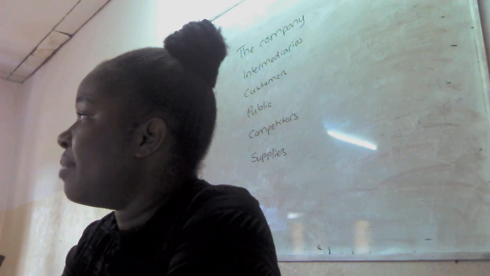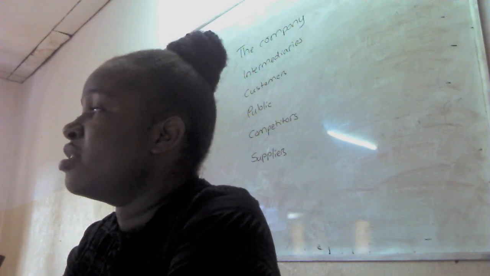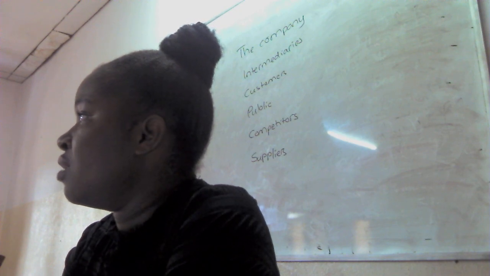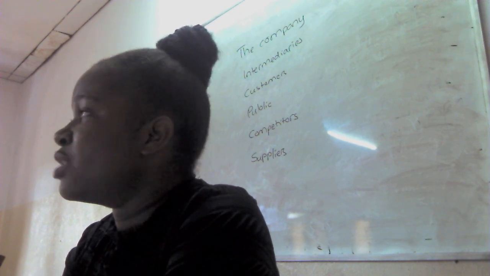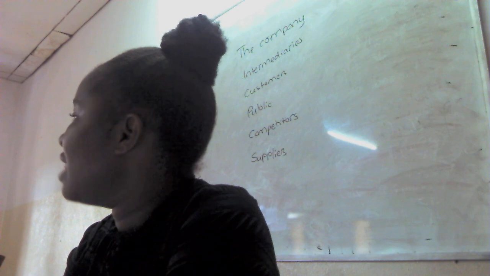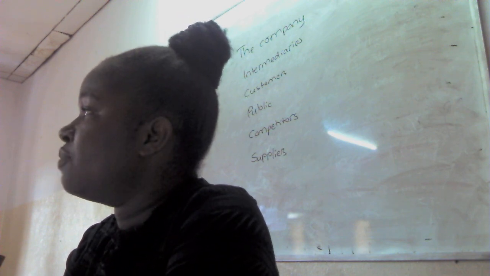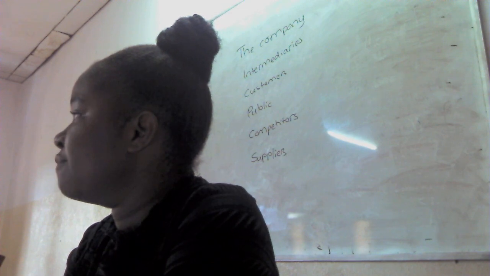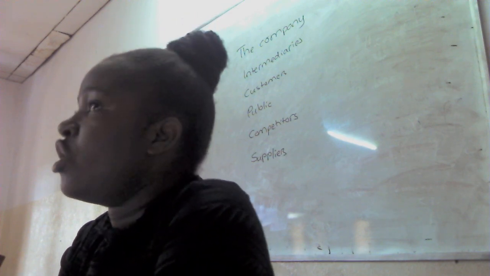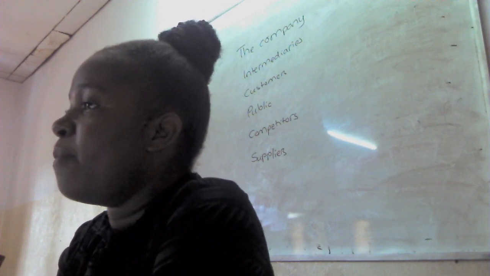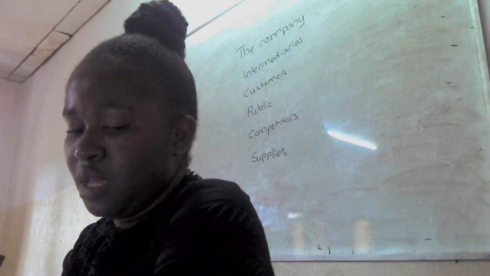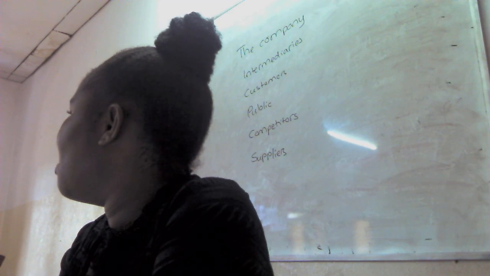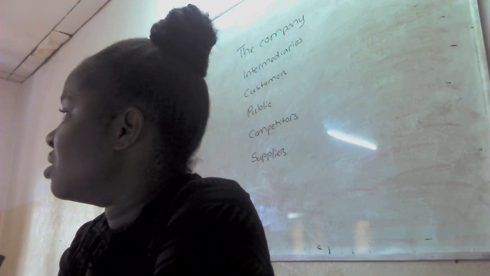Another thing that suppliers affect is the price of the final product. If their raw materials are expensive, that cost is passed forward to the final cost of the product. So remember this morning we spoke about the entrepreneurial process, where we're speaking about what happens in entrepreneurship.